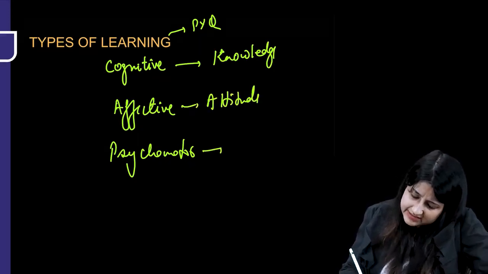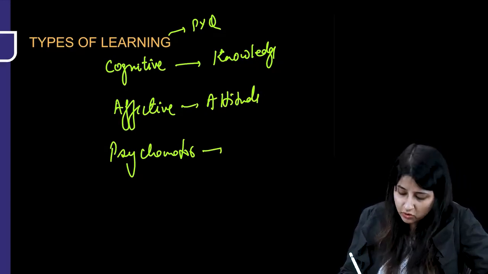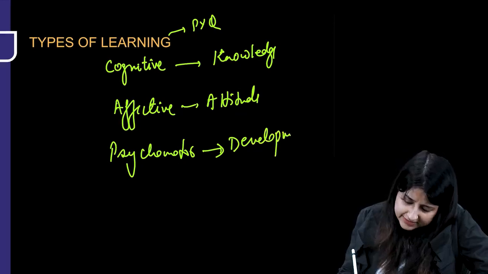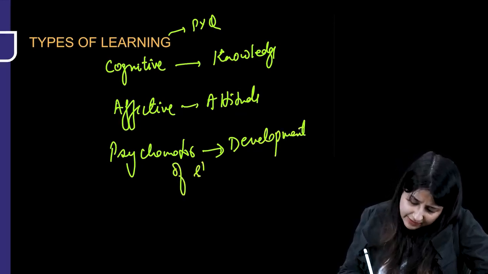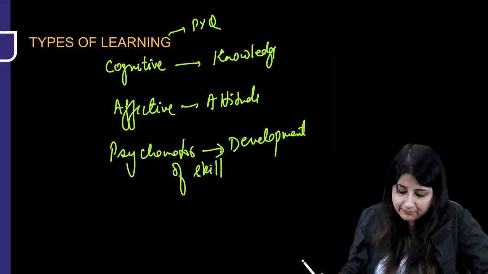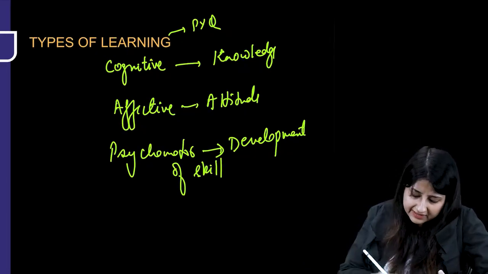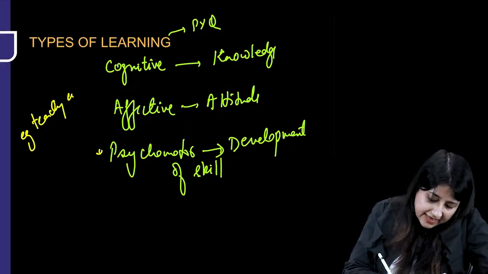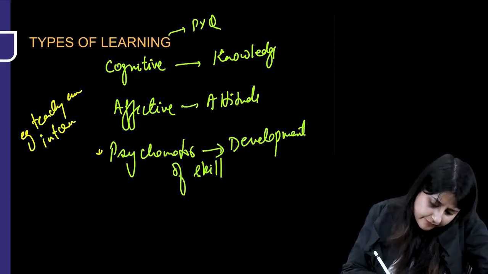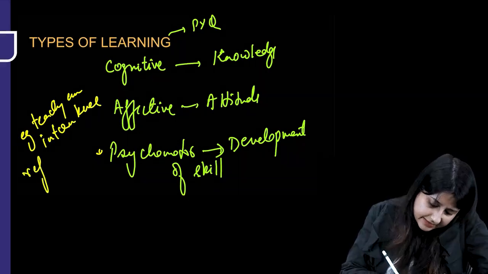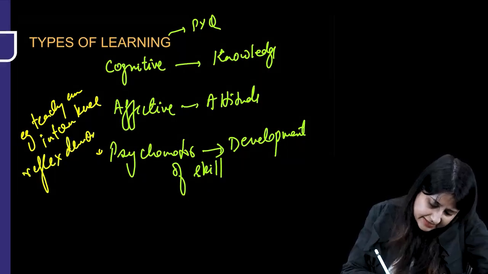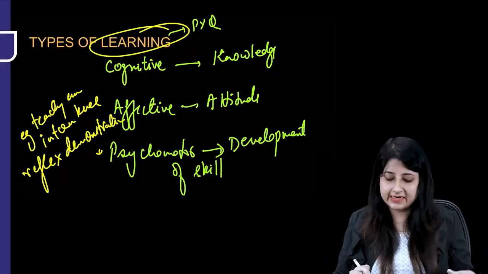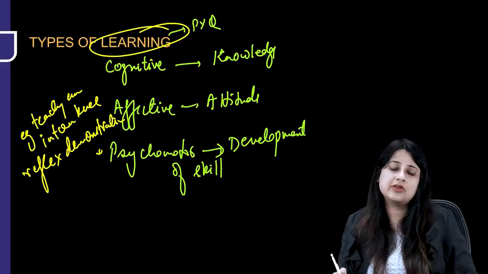But psychomotor is based on development of skills. Very, very important. An example of psychomotor learning is teaching an intern knee reflex demonstration. Affective learning is how you're going to behave.